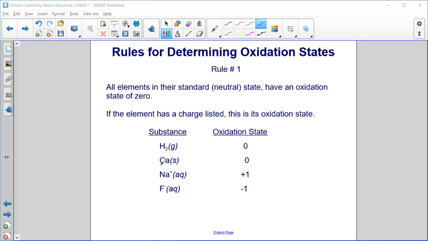That's also true for metals like calcium in its solid state, oxidation state of 0. But for these two ions, sodium plus ion and fluorine minus ion, their oxidation state is equal to their charge. Anytime you see an individual element or ion, that is the rule you will use for determining the oxidation state.